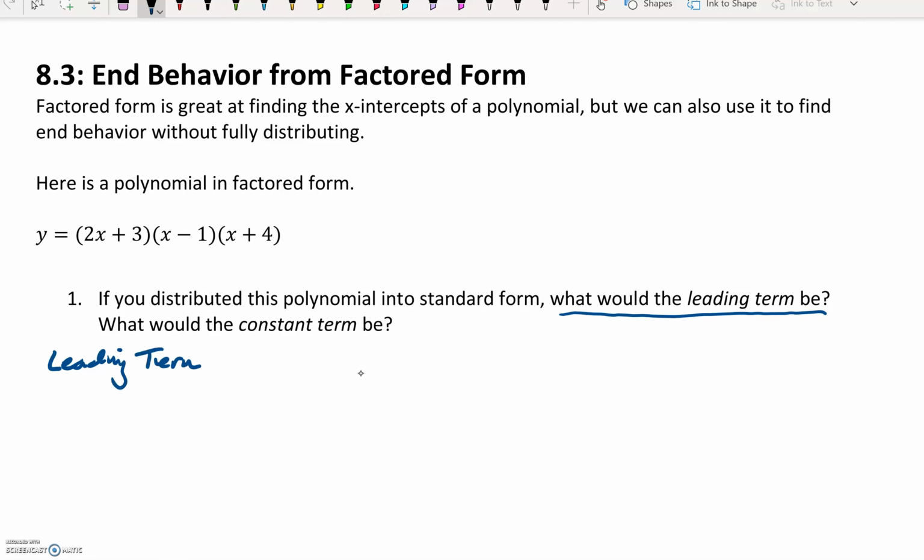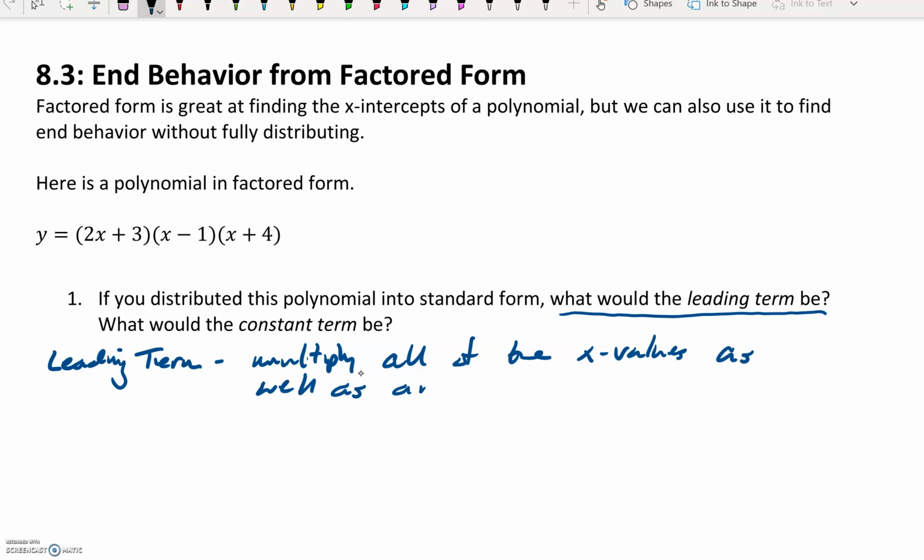what we need to do is multiply all of the x values as well as any factors of numbers.